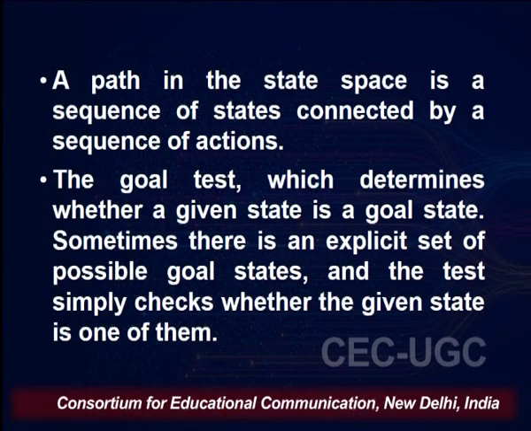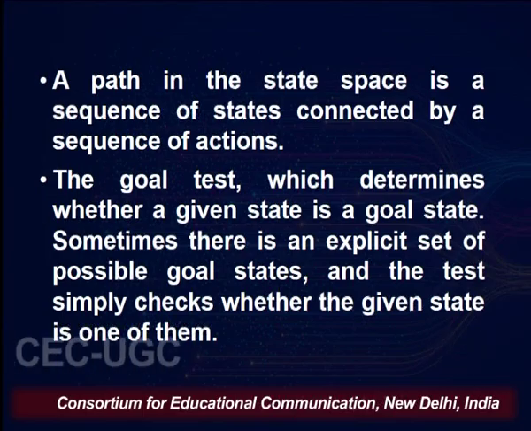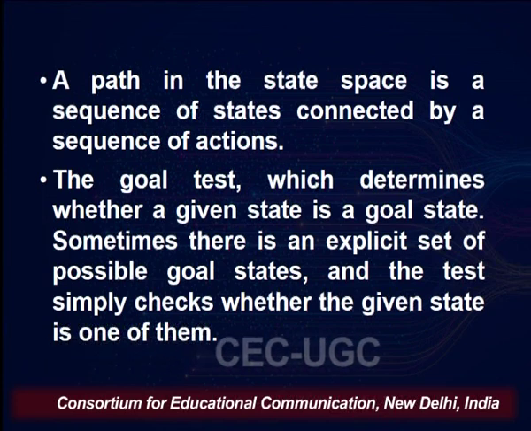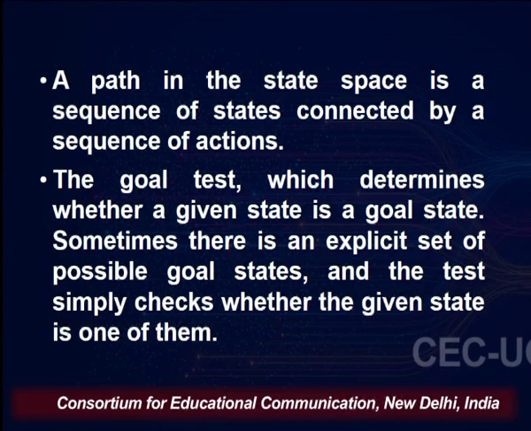Now, moving on to the next one, which is the goal test. The goal test determines whether the given state is a goal state or not. For example, in the route finding problem, we need to find a route from A to K, and let us say presently we are at state F. This F is not a goal state, because the goal state is K. The goal test is an evaluation that determines whether this given state, here F, is a goal state.